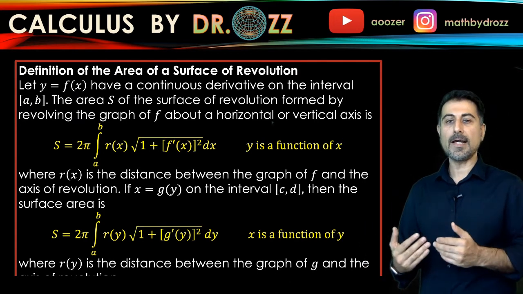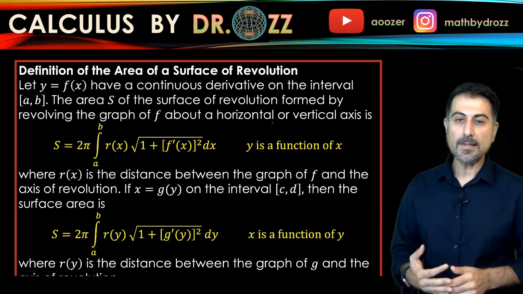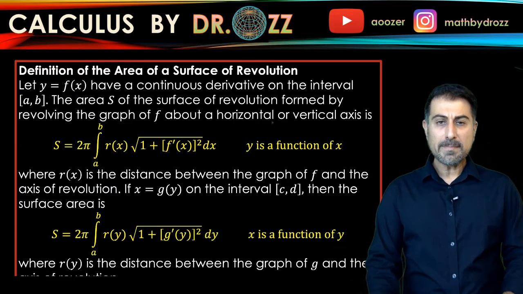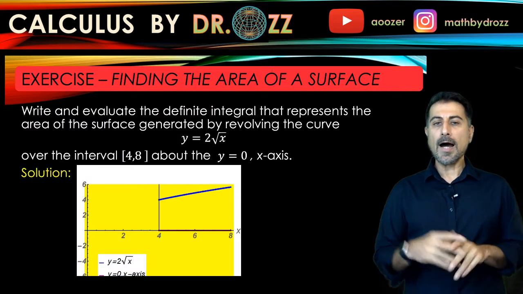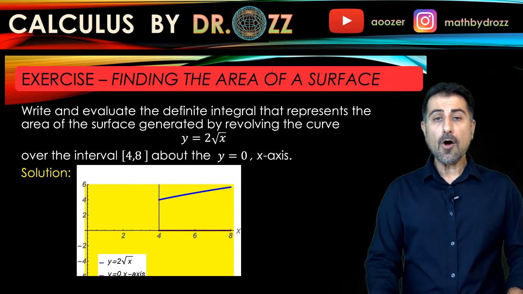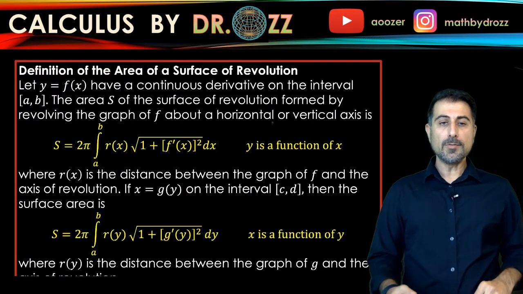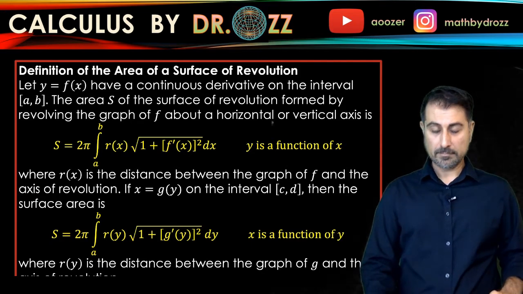If you have the function written in terms of y, then you're going to use the second formula. Going back to what we are given in the problem, we have the y equals f of x representation, and for that reason, we are going to use the very first formula to evaluate the surface area of the revolution.